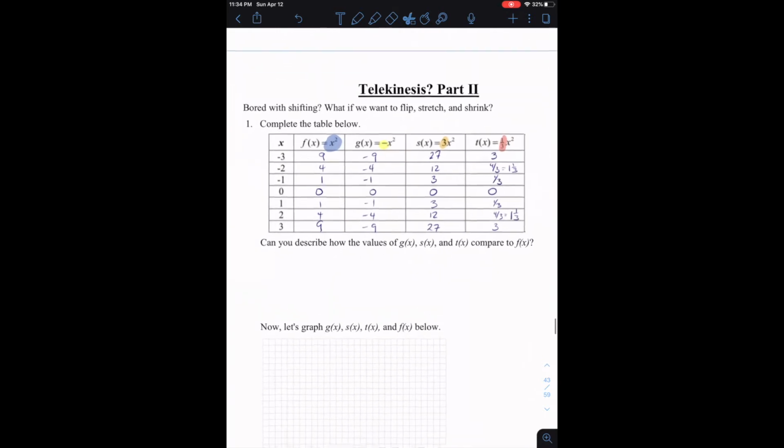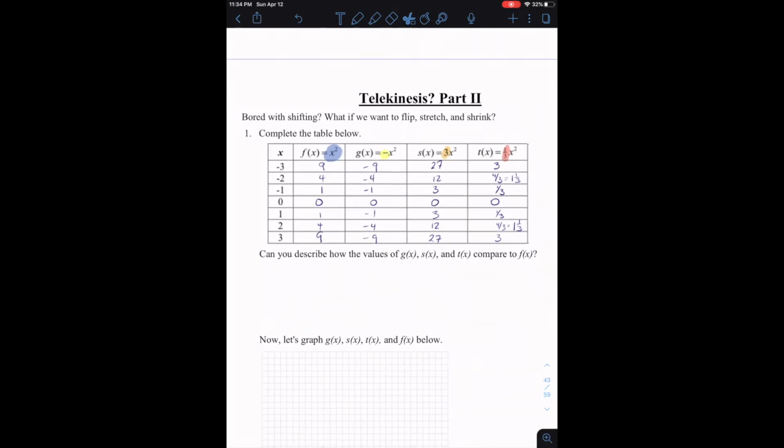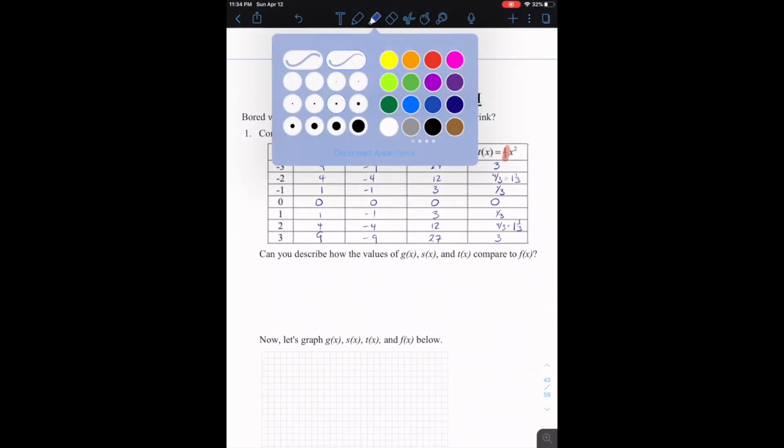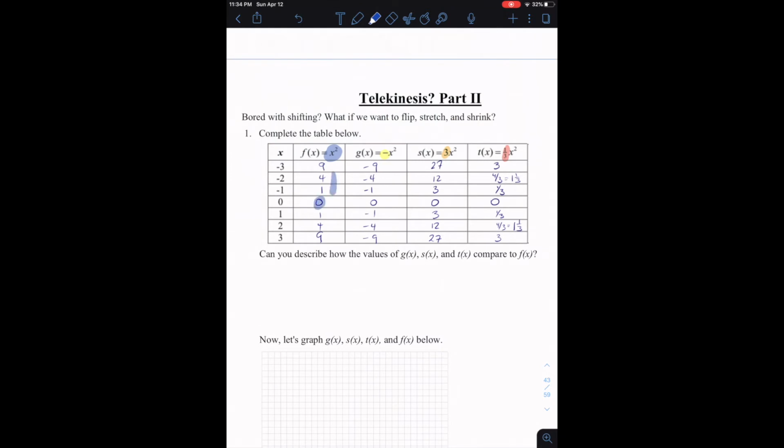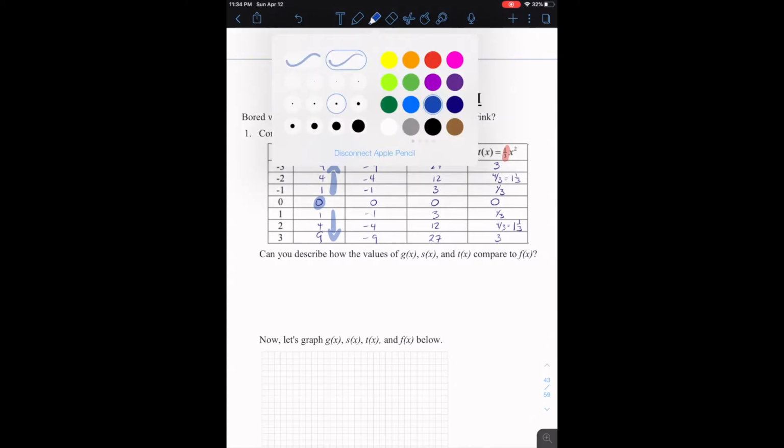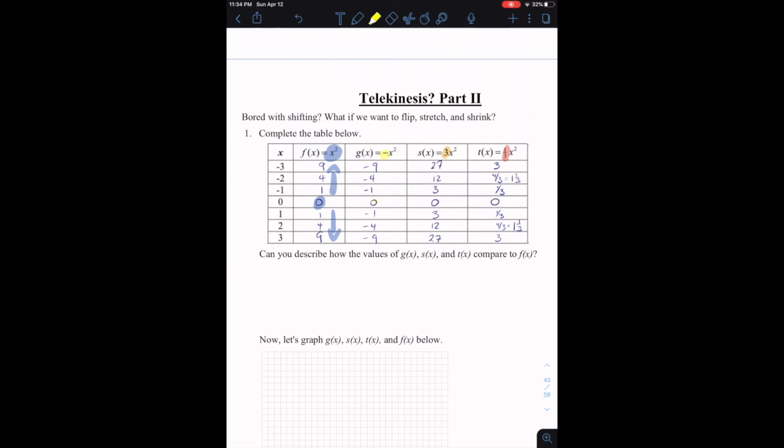All right, so let's take a look. If we're looking at what is happening with each one of these functions, we're already quite familiar with the x squared, right? It's 0, 0, and then it's symmetrical in either direction. But what's happening with the negative x squared? We still have 0, 0, and we're still symmetrical.